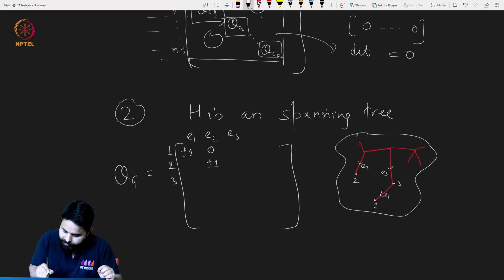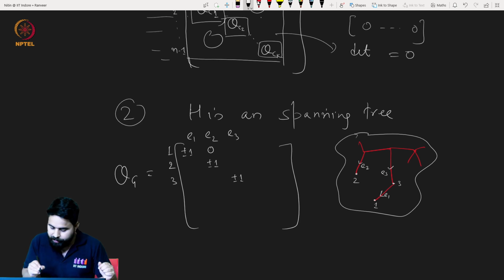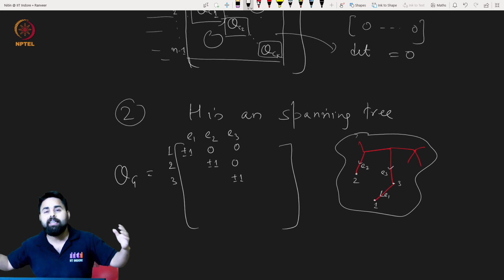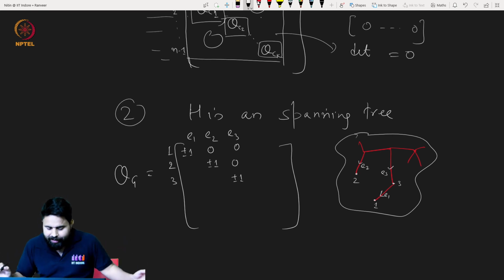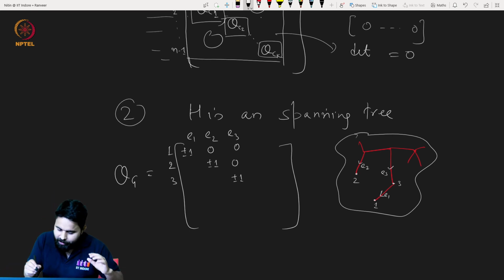What will be this entry? This entry is nothing but +1 or -1. But what about 1 and 2? These will be 100% 0, because E3 cannot fall on vertex 1 and 2. In a similar way, you keep on going till n minus 1 edges.